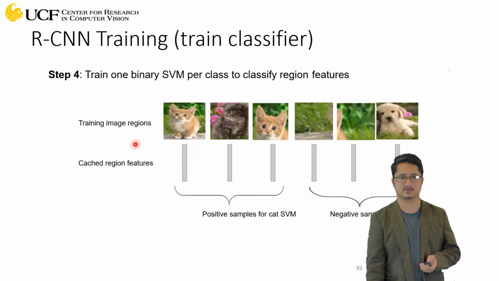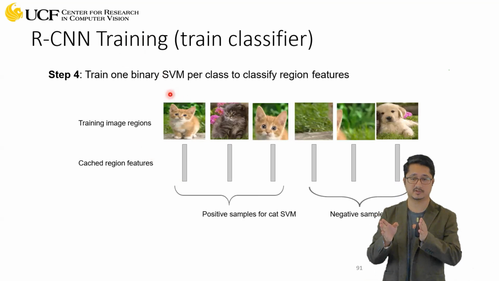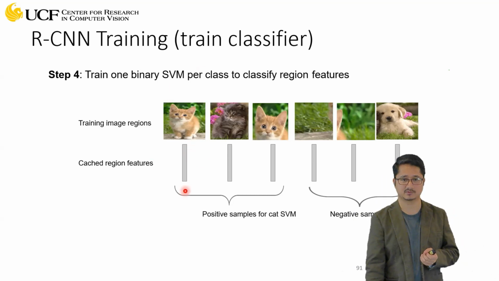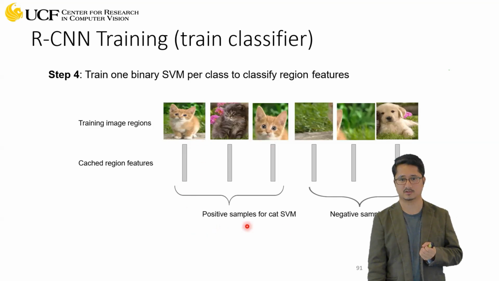Okay, so once you have those training features, this is the same process we discussed for the sliding window approach. For each patch, you have the feature and you have the ground truth of the detection, right? So you can say that, okay, this is the true class or not. For example, if you're looking for cat, then these are the positive samples. Then you will also mine some negative samples. This is not a cat, not a cat, not a cat, right?